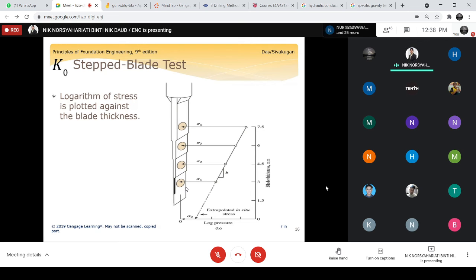So it should be like this, if you refer to the first blade, second blade, and so on. You can plot the log pressure against the blade thickness.